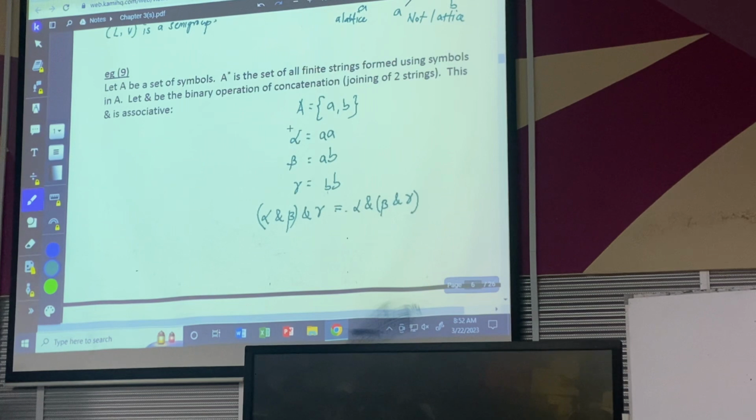How is your answer? Same. Same, right? Okay. So that means the joining of the string is associative also.